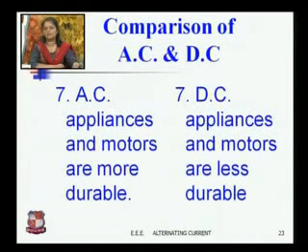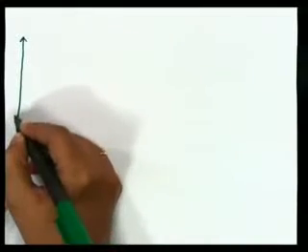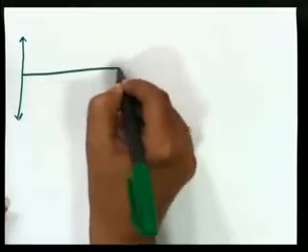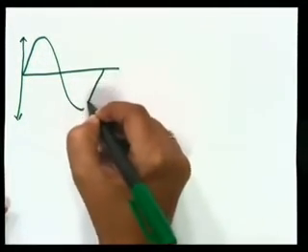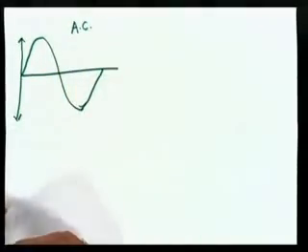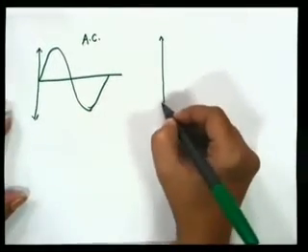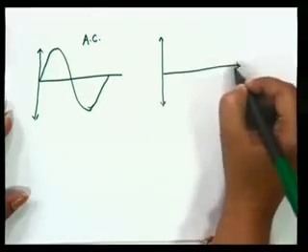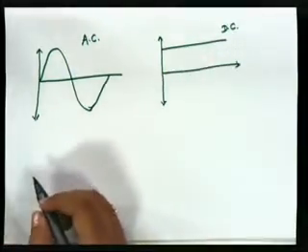The reason is that, suppose, okay, this is your AC quantity. This is your DC quantity.